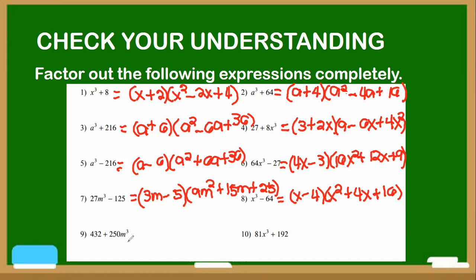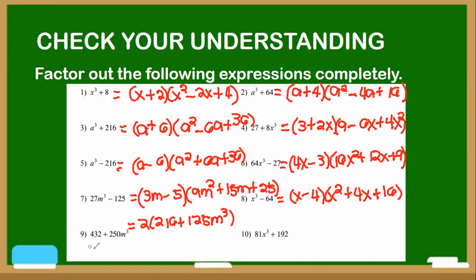We cannot directly factor this, so we can use the greatest common factor here. 432 divided by 2 is 216. So this will be 2 multiplied by 216 plus 125m cubed. This is similar to our example a while ago.